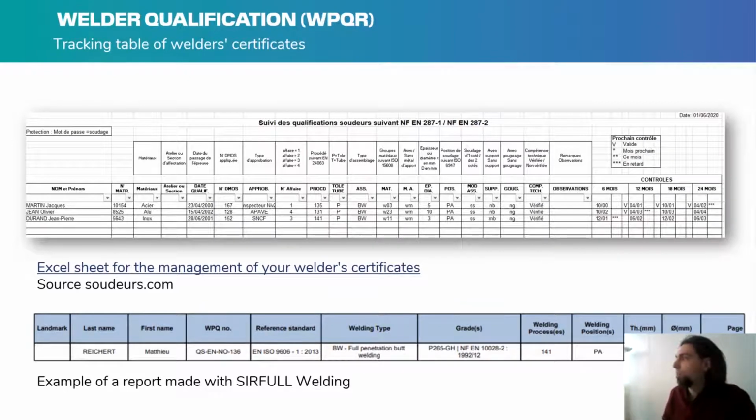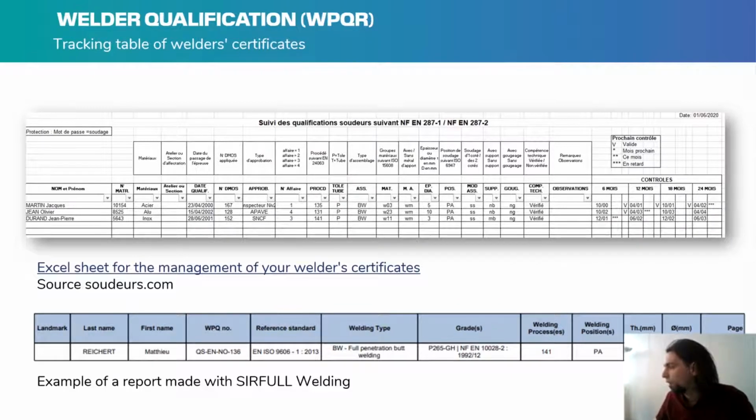And for that, I provide you with an Excel spreadsheet for the management of your welder certificates. The picture like before is in French, but I think the link will provide you with an English one. But the principle here is to have your WPS and the correct follow-up right in front of you in a very precise Excel spreadsheet.